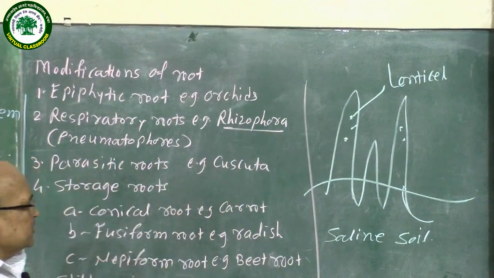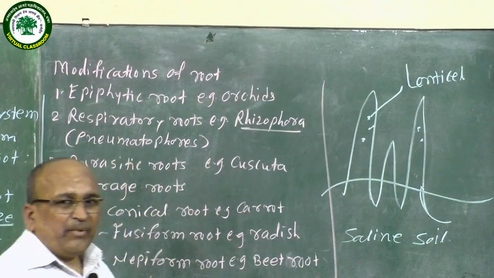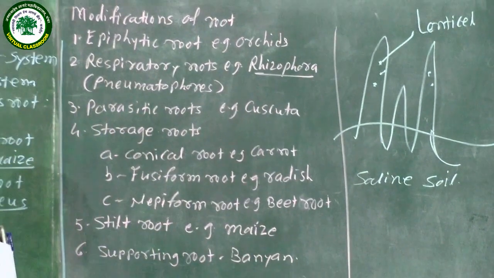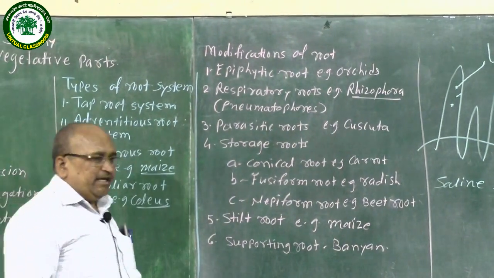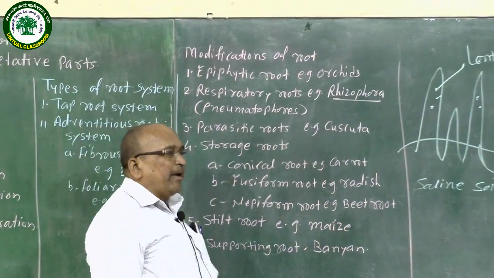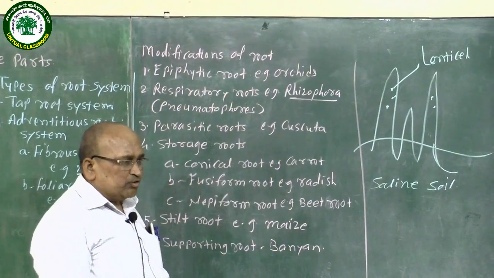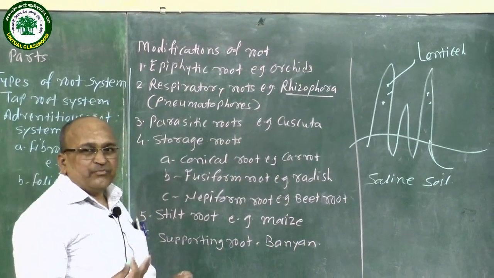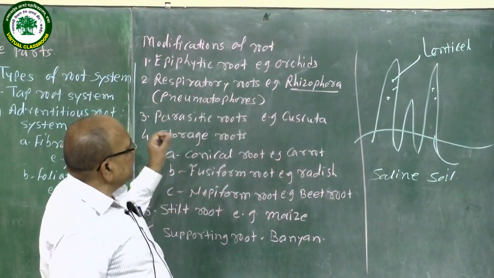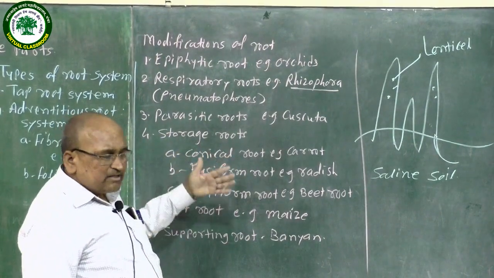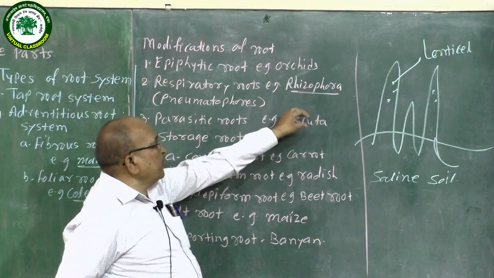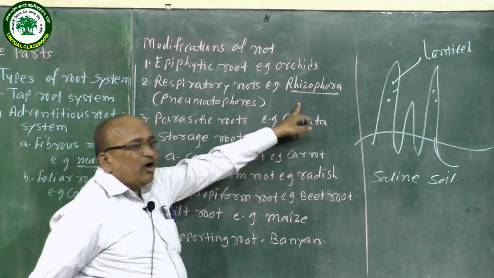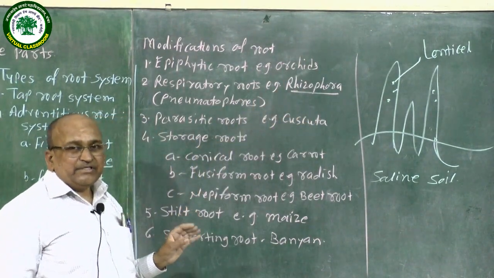In pneumatophores, a number of plants which grow near the tidal area of the sea are known as mangroves. An example of a plant species of mangrove is Rhizophora or Avicennia.